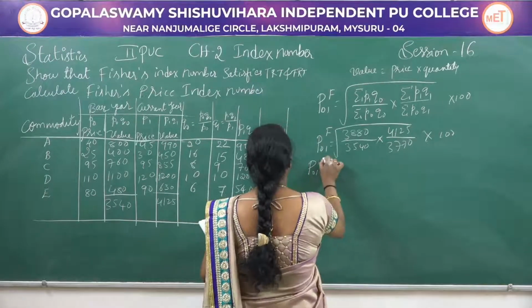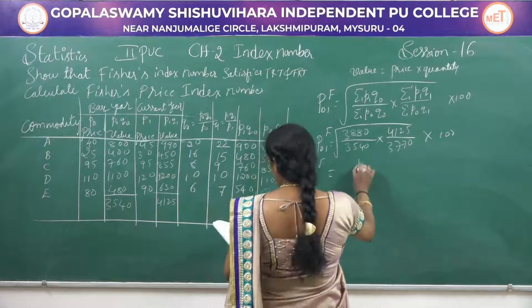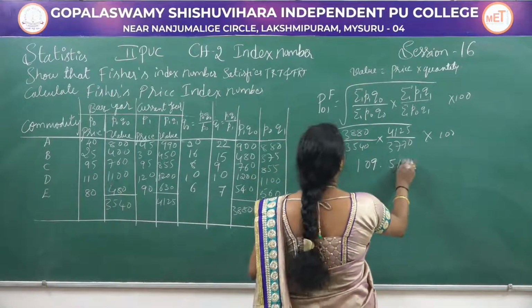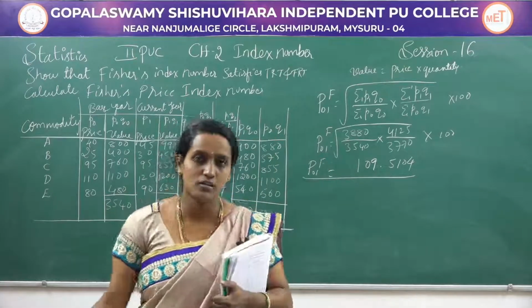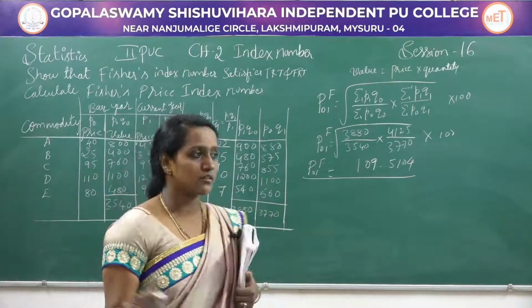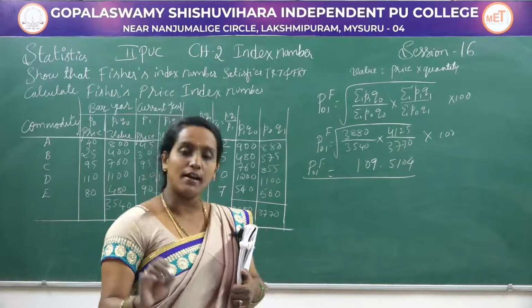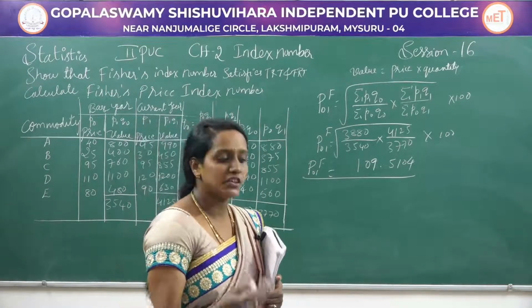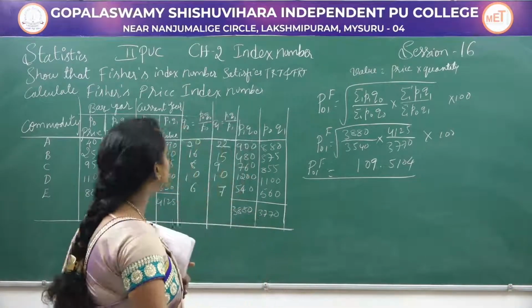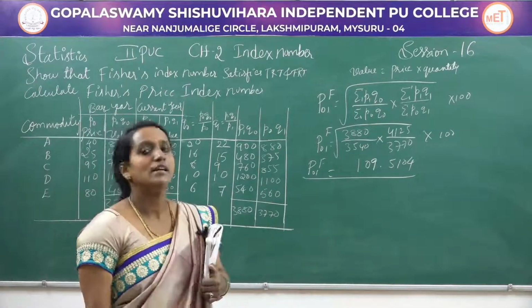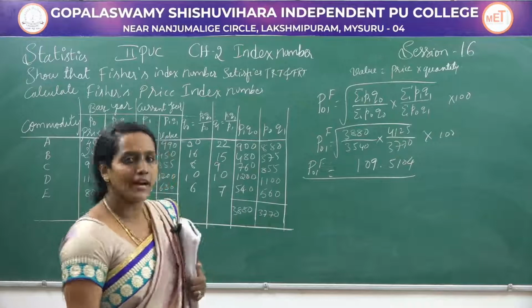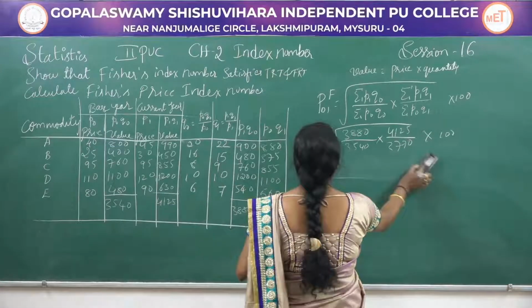So P01 of Fisher's, the value is 109.5104. After taking the square root only, you should multiply by 100 so that you will get the Fisher's price index. Next we have to show this Fisher's index number satisfies time reversal test and the factor reversal test.